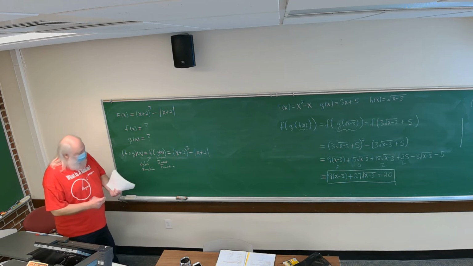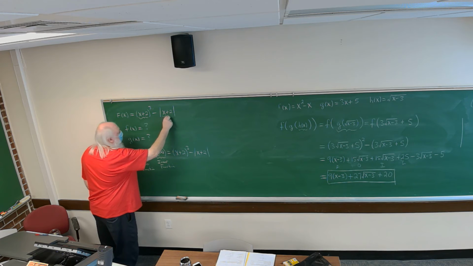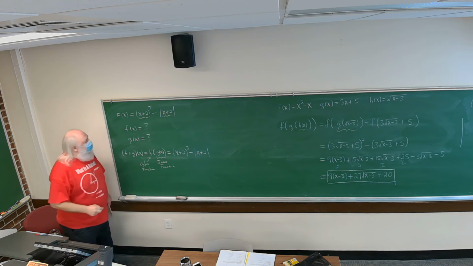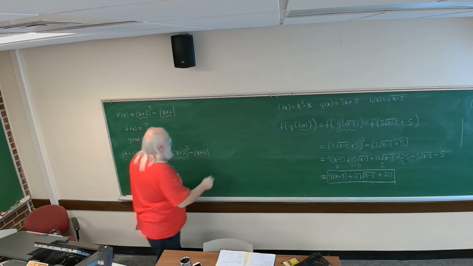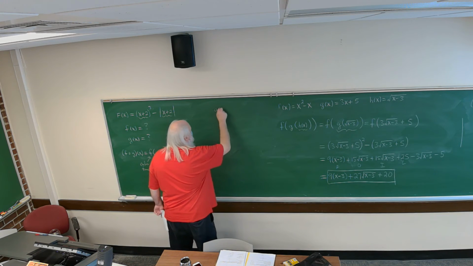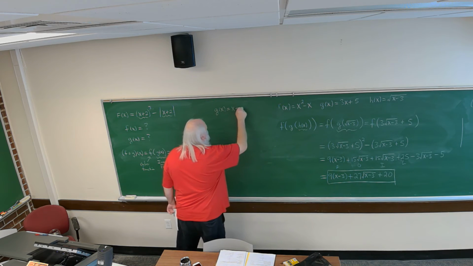Okay. So if you look closely, big F of x is a function of x, but it's also a function of x plus 2. So we could set our inner function g of x equal to x plus 2.